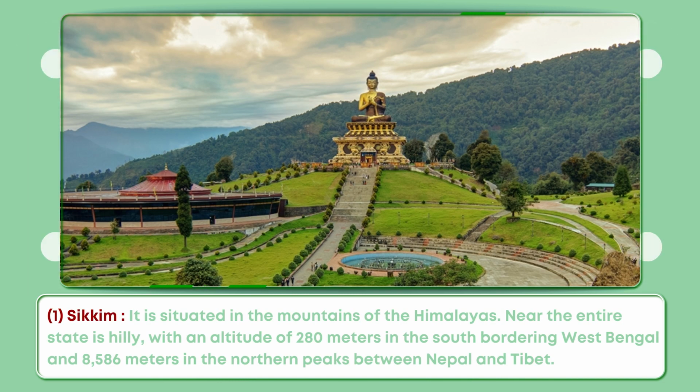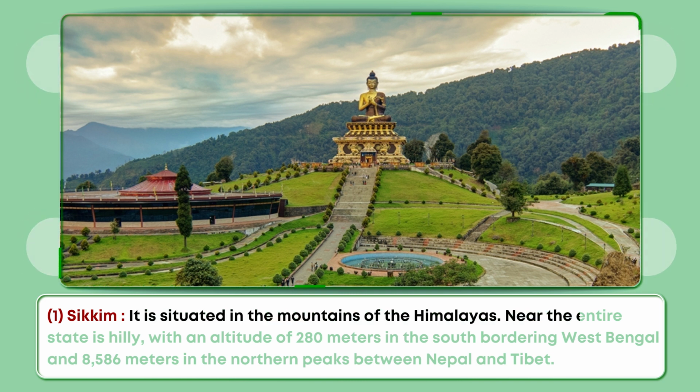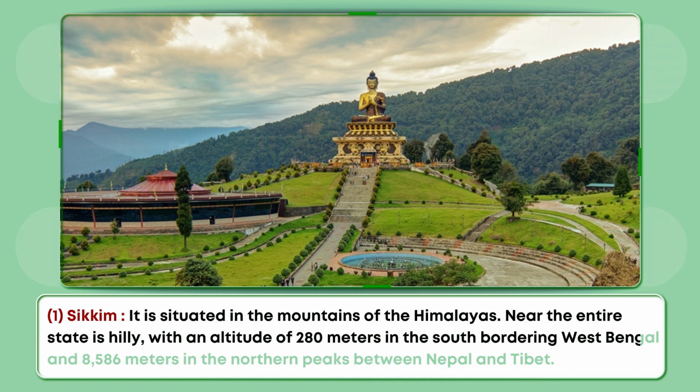Sikkim. It is situated in the mountains of the Himalayas. The entire state is hilly, with an altitude of 280 meters in the south bordering West Bengal and 8,586 meters in the northern peaks between Nepal and Tibet.